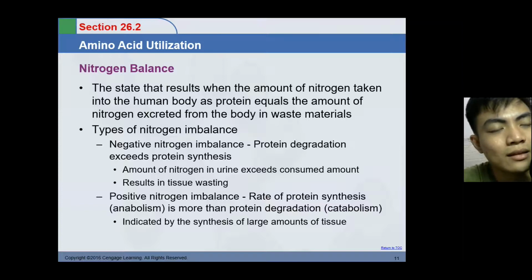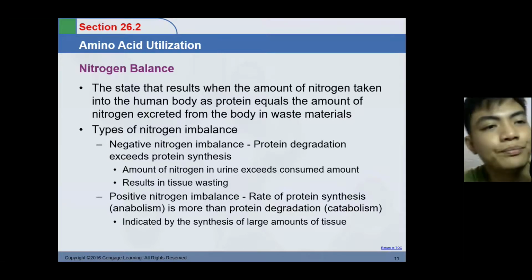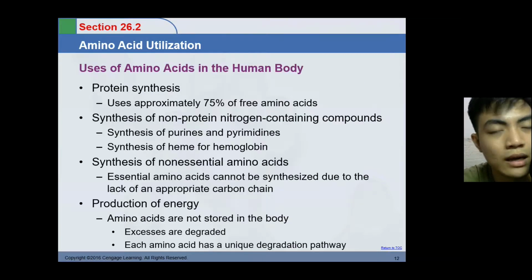Ang tandaan natin, it should be balanced na. Some of them will be turned into waste materials. And kapag maraming waste materials, dangerous yun. Later na yan.